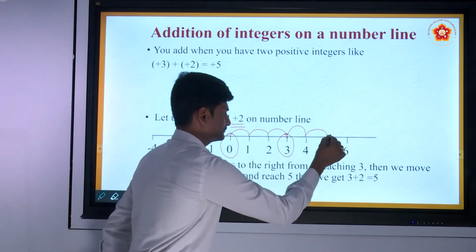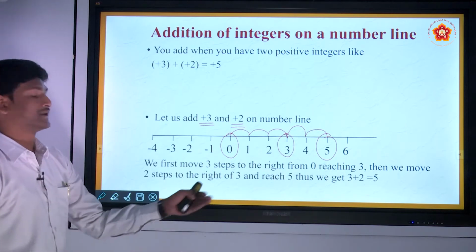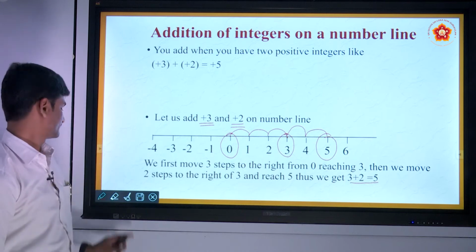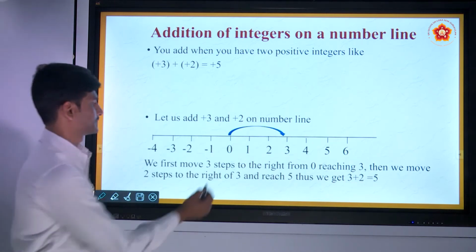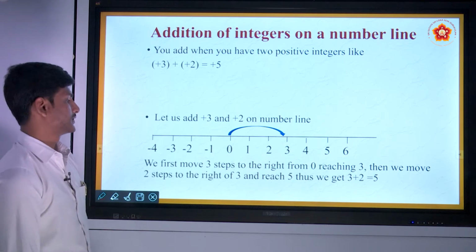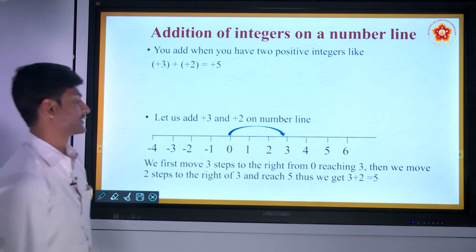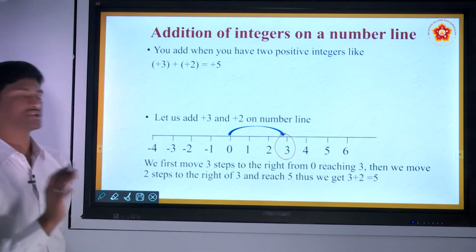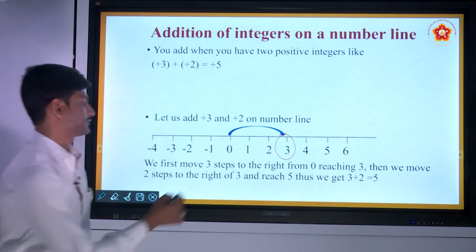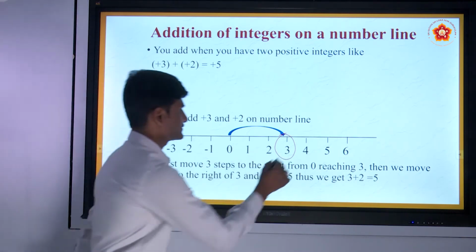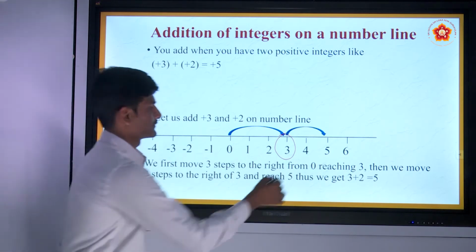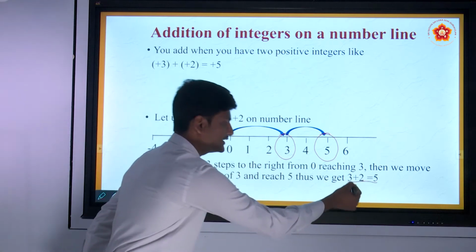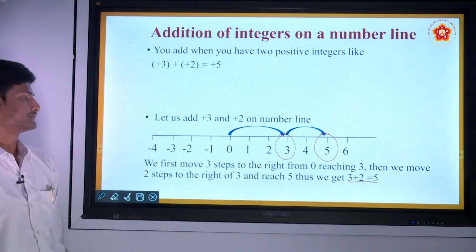Plus 5. Then we reach 5. We get 3 plus 2 is equal to plus 5. Thus we get 3 plus 2 is equal to plus 5.